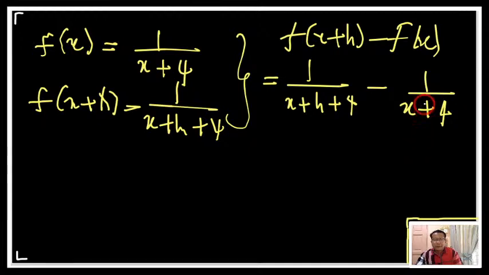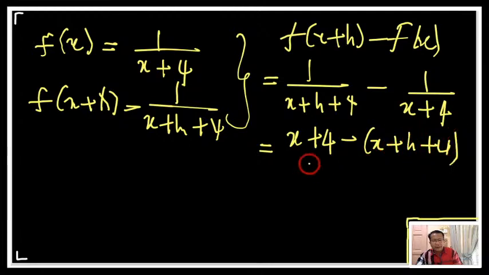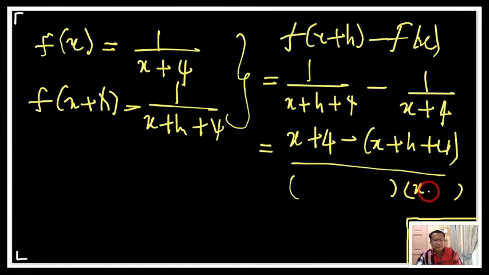So what you need to do is to simplify the expression. So you have x plus 4 minus x plus h plus 4, over x plus 4 times x plus h plus 4.